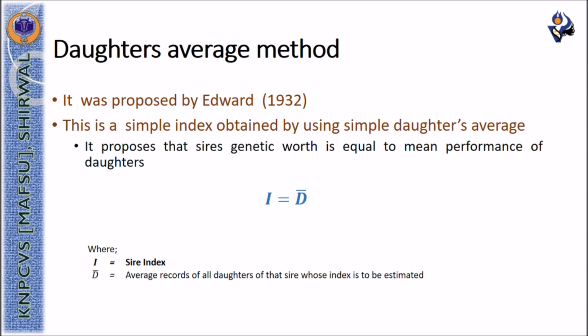There are various types of sire indices. Daughter's average method was proposed by Edward and it is calculated with the formula I is equal to D bar.